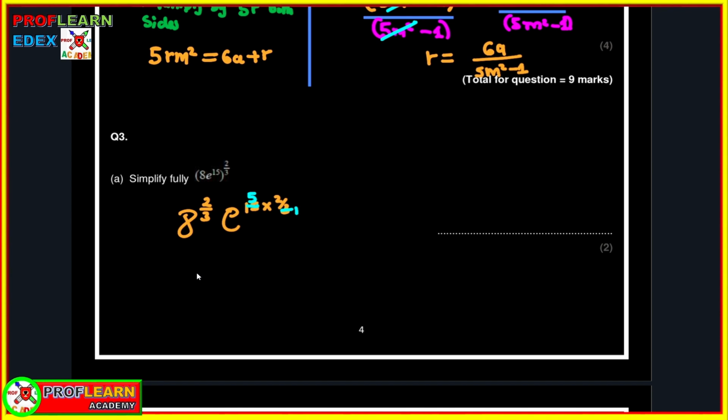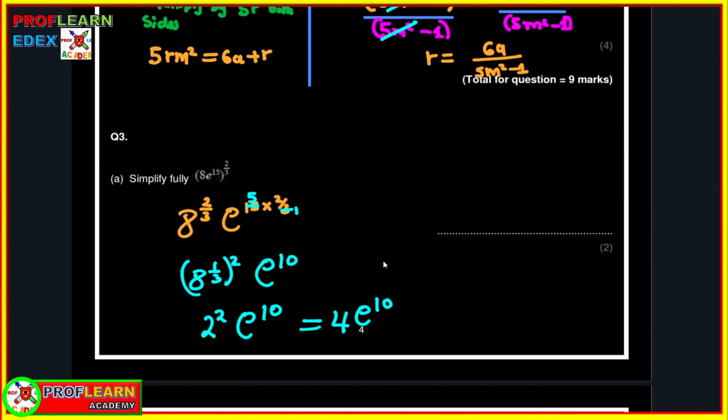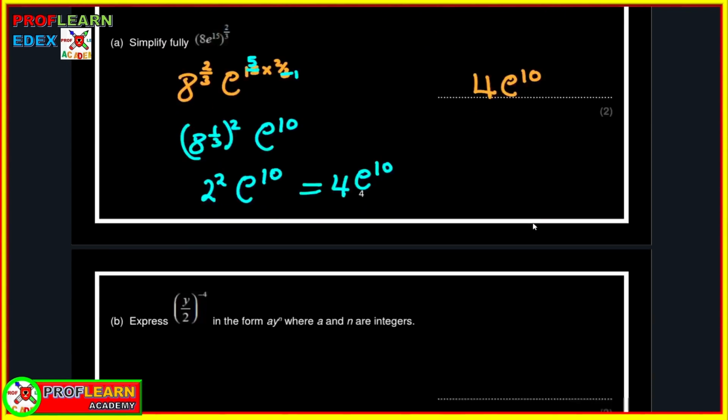But 8 raised to power 2 over 3 can be written as 8 raised to a third, then 2 is outside. But remember, 8 raised to a third is the same as the cube root of 8. So this is going to reduce to that, because the cube root of 8 is 2, then you square that 2, and finally we're going to have our answer 4 e raised to power 10 as our final answer in that case.